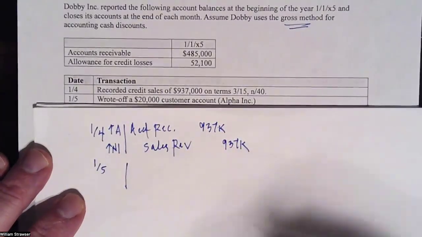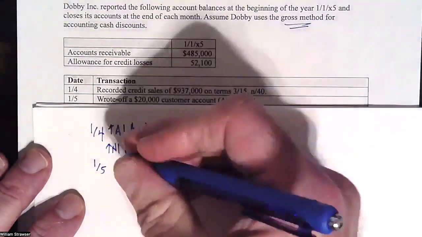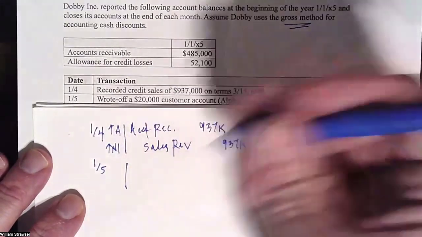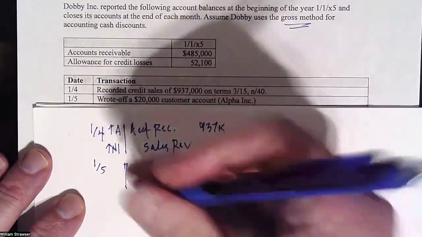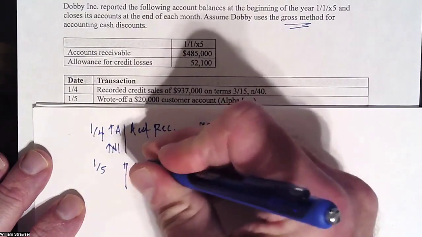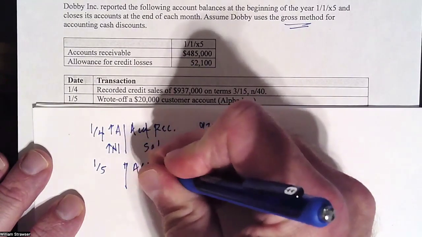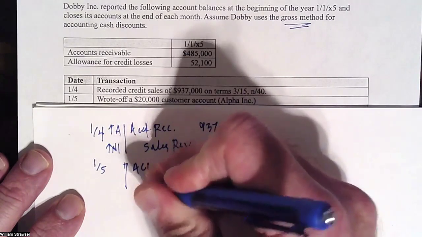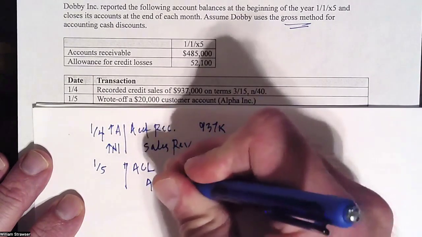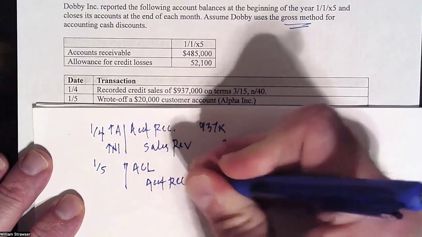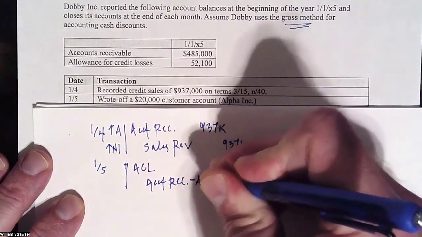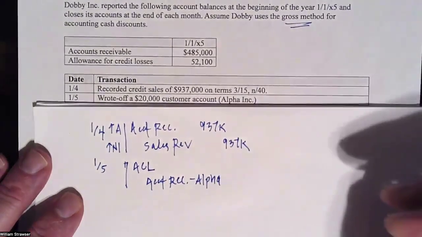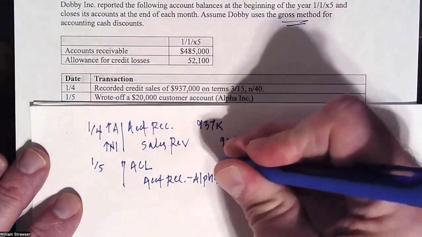We're not seriously assuming that, but that's basically what our entry says. Now, the write-off, a $20,000 customer account for Alpha. I give it a name because of the way I like to describe these entries, where we debit ACL and credit our accounts receivable. Specifically, we found that Alpha was the customer in question who could not pay.